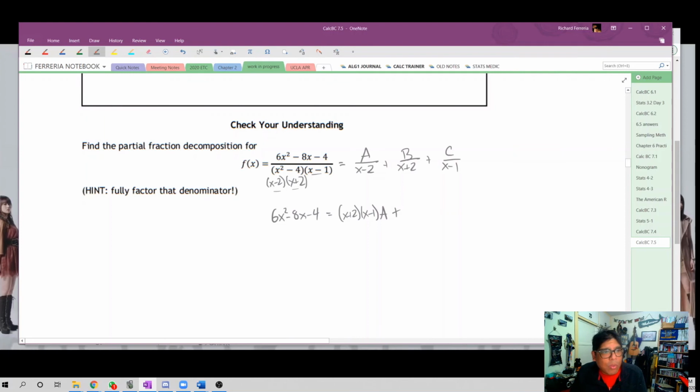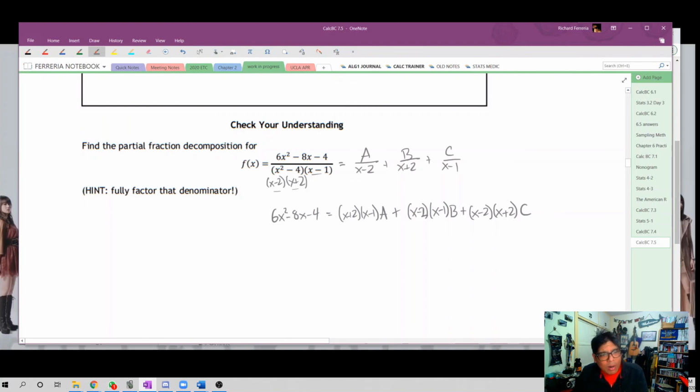Plus, on the second partial fraction, the x plus 2 will cancel out. We saw that last time. And we're going to get (x minus 2)(x minus 1)B. And if you can see the pattern here, our C is going to be multiplied by the other 2 denominators. So (x minus 2)(x plus 2)C.